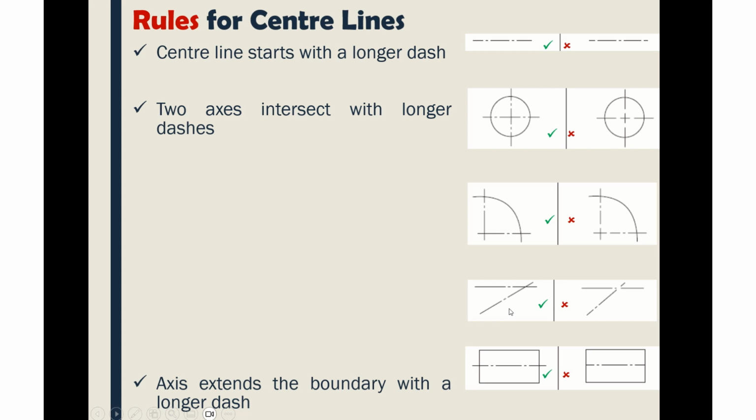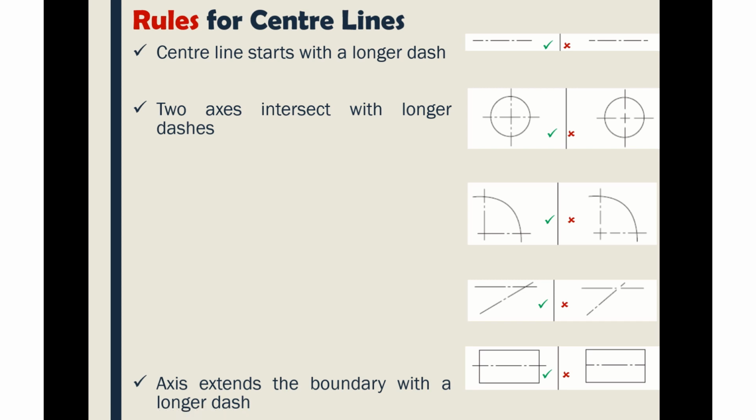Also, for this inclined and the horizontal line, you see the long dash intersecting at the center and not the short dash as indicated in this other one. This is wrong. Also, an axis extends beyond the boundary with a longer dash.